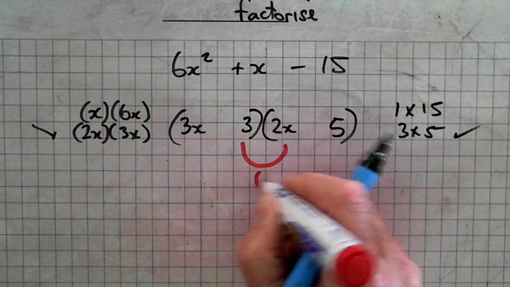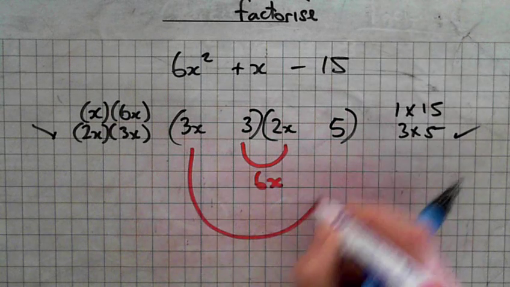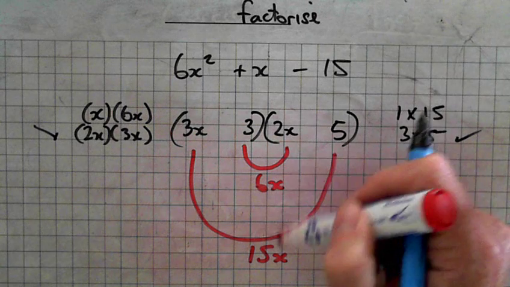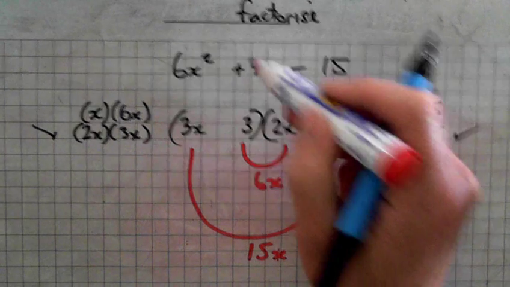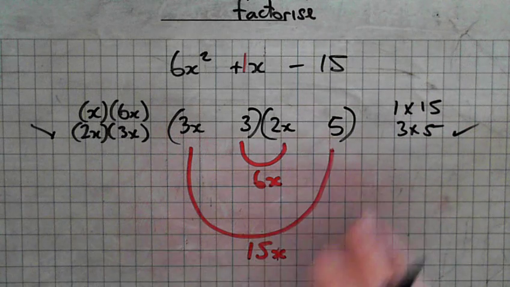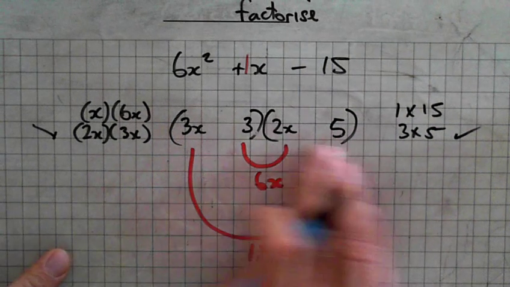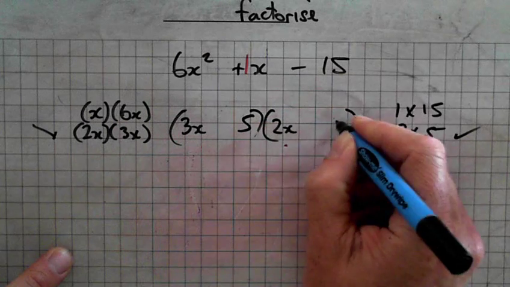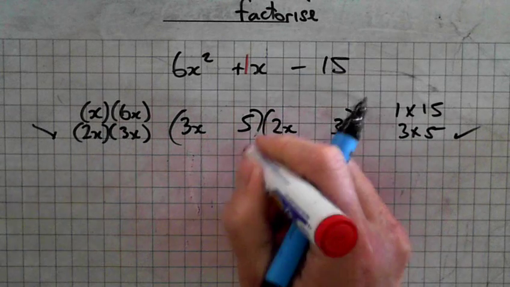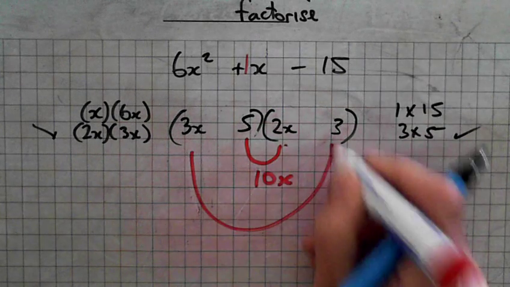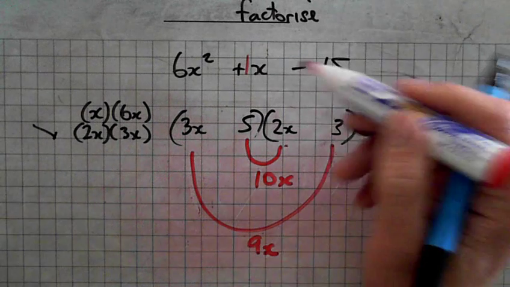3 times 2x is 6x. 3x times 5, 15x. Is there any way I can add or subtract these two numbers to get me 1x? No. Alright, so what I'll do next is I'll swap the 3 and the 5. Try it again. That'll give me 10x, won't it? 3x times 3 is 9x. How will I get 1x?